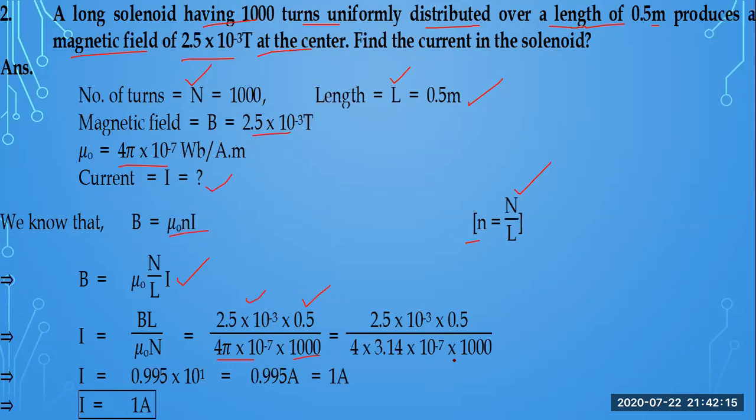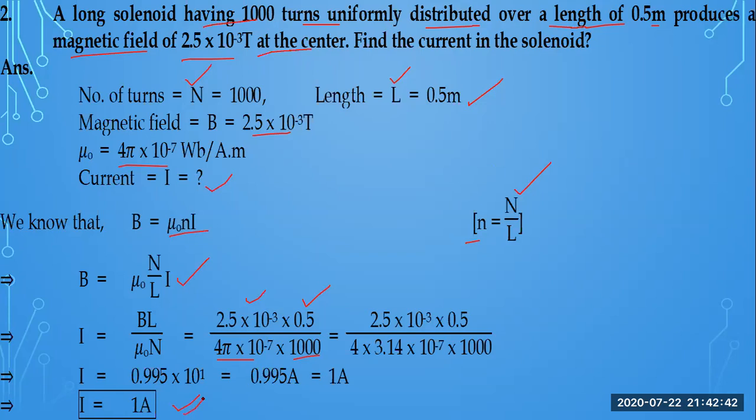After multiplication and simplification, the value of the current is 0.995 ampere, which is approximately 1 ampere. And the value of the current which you were asked to calculate is 1 ampere.